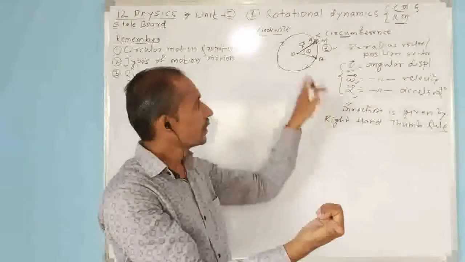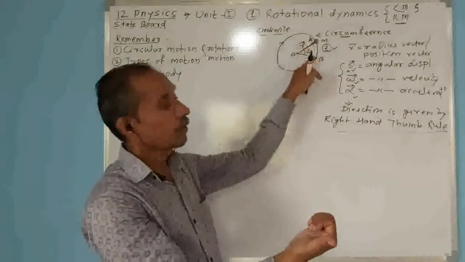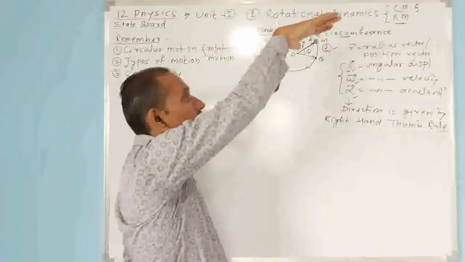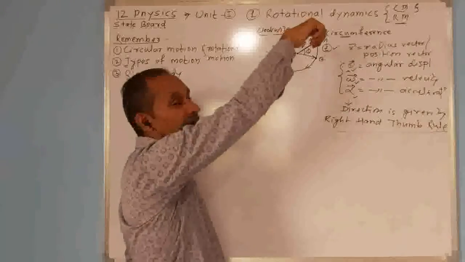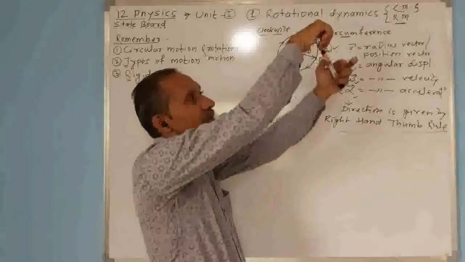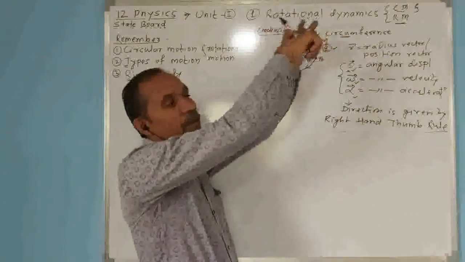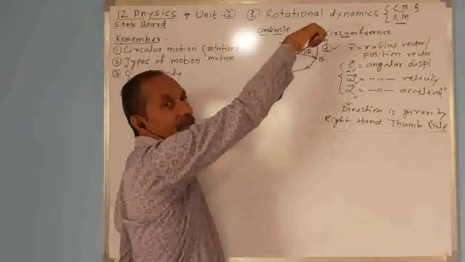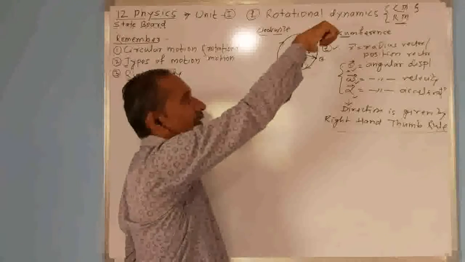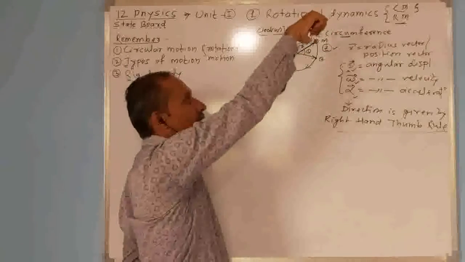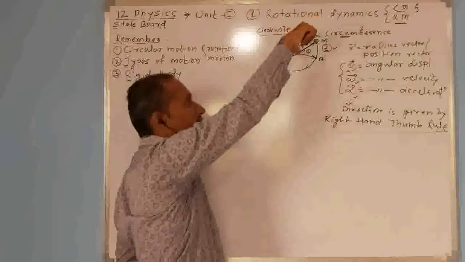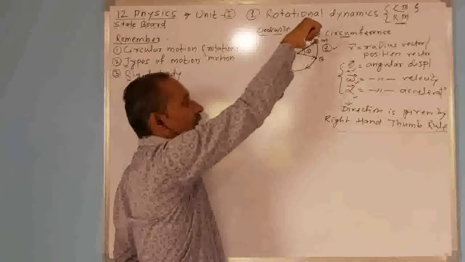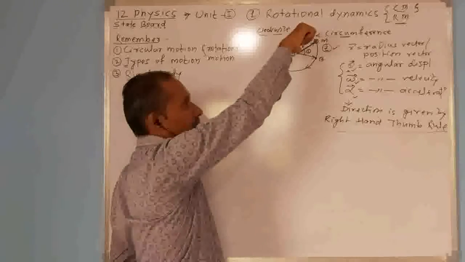Now this is the clockwise motion. Arrange these fingers in this way so that they give the sense of clockwise motion, and the thumb will show the direction of the angular displacement, angular velocity, and angular acceleration.